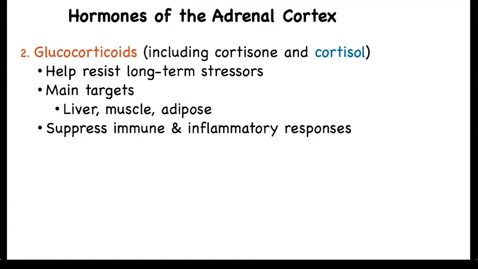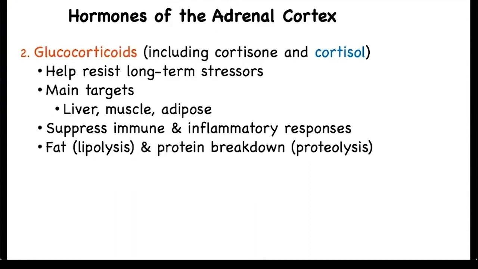Its actions include suppression of the immune system as well as inflammatory responses. It does this by decreasing the number of leukocytes and cytokines involved in the inflammatory response. A second action of the hormone is lipolysis, or the breakdown of triglycerides into fatty acids and glycerol, and proteolysis, the breakdown of proteins into amino acids.